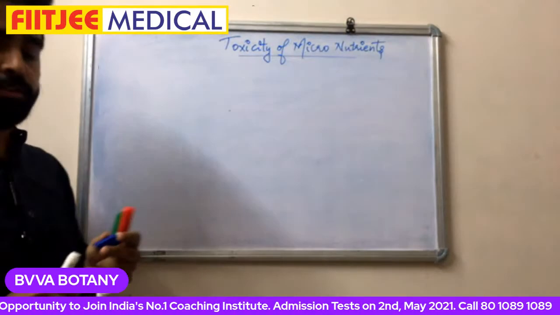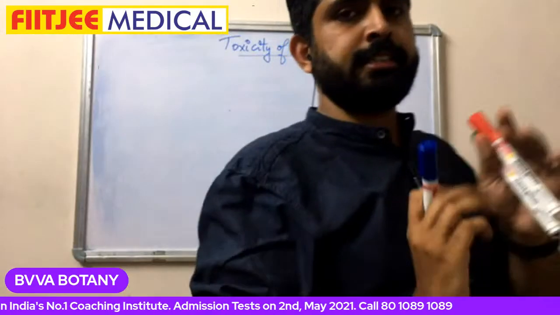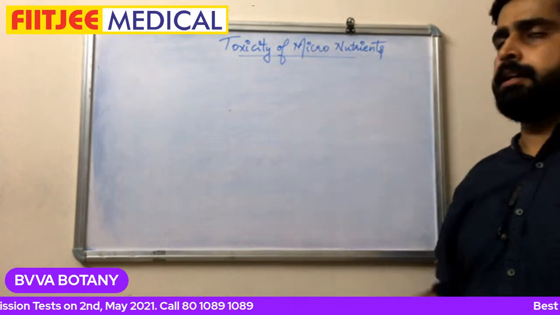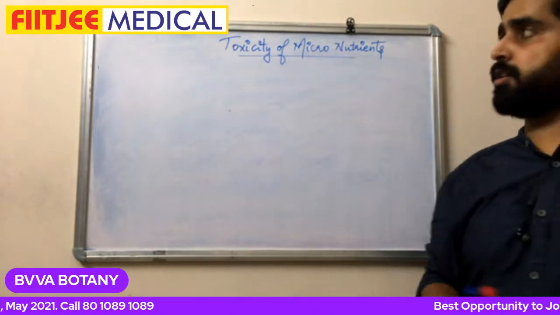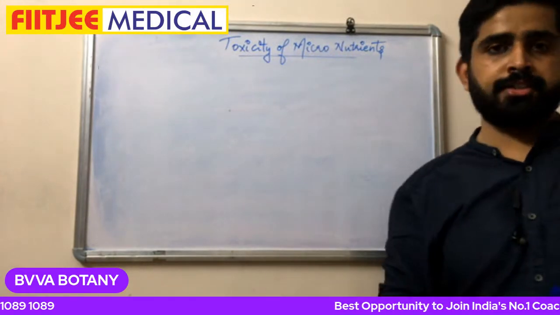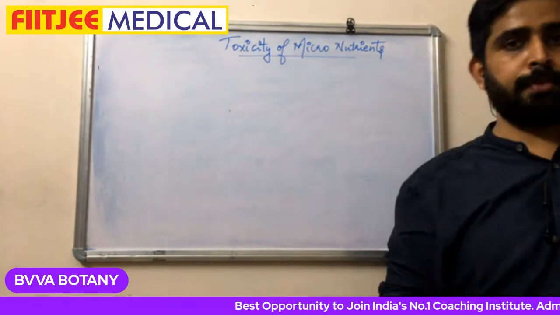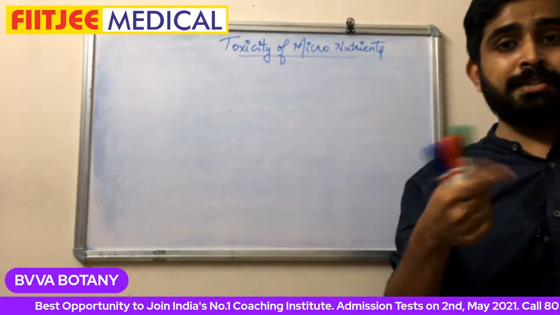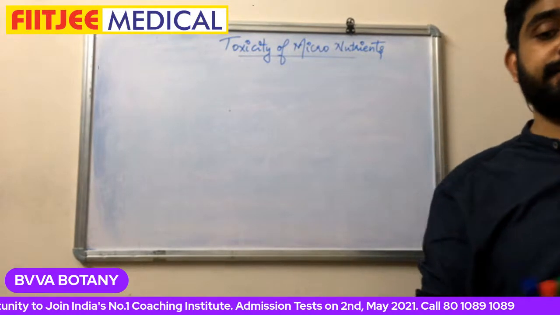Toxicity of micronutrients. In the beginning, when we discussed the types of nutrients based on amount, we said that a slight increase in the concentration of micronutrients is toxic. Its deficiency, or limited intake, also causes deficiency, right?